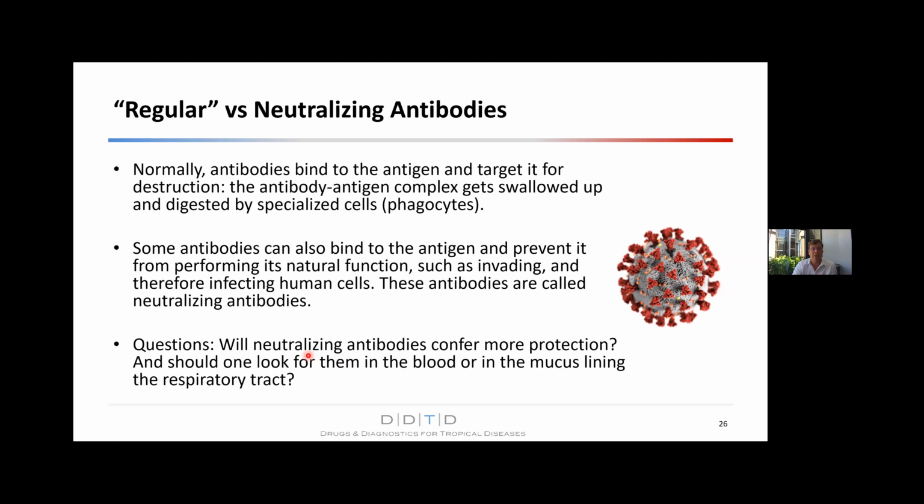So one of the questions is if these neutralizing antibodies will confer more protection. And another one, by the way, is if one should look for the antibodies in the blood, as most people are doing now, or should we be looking for them in the mucus that's lining the respiratory tract, because this is the first mucosa that comes in contact with the virus.